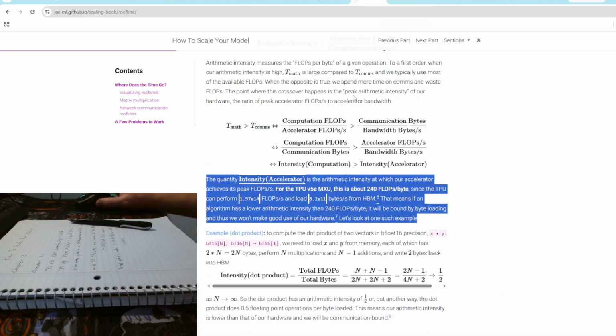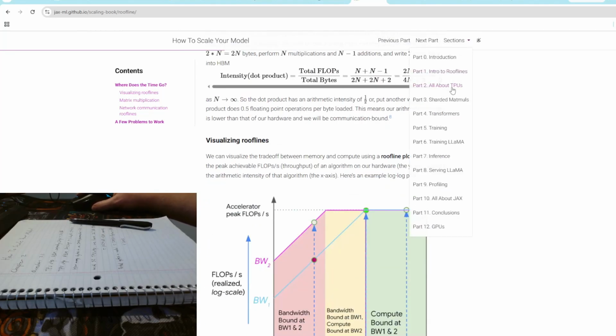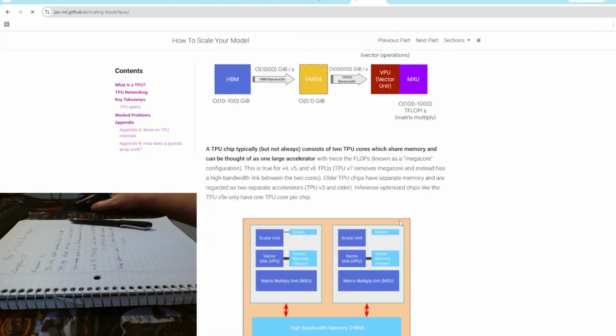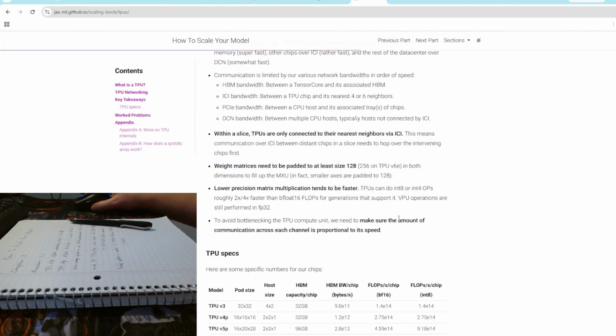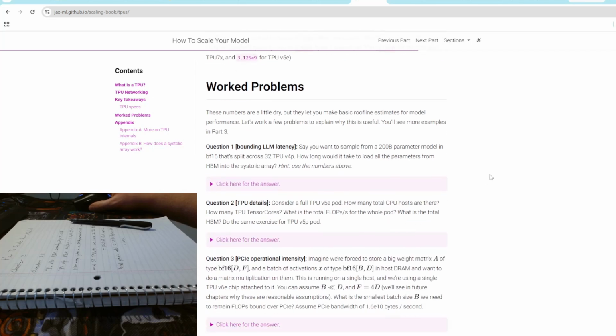Sorry, I'm getting a little distracted. Okay, let's go back. All About TPUs. Let's go back to the bottom. Word problems. Okay, 200 billion times 2, which equals 400 billion bytes.